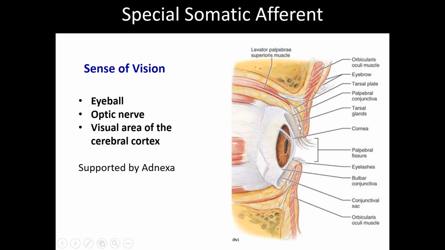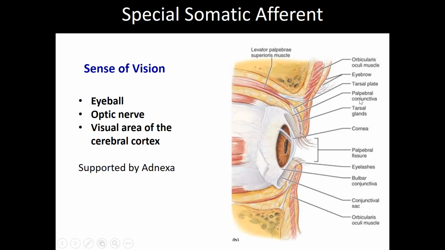Then the eyeball, on the outer side, is covered by a conjunctiva, which is a very thin transparent layer. And this conjunctiva is not only covering the eyeball, and here we call it the bulbar conjunctiva, but it reflects on the undersurface of the eyelid, and here we call it palpebral conjunctiva. Palpebra is the term used for the eyelids.